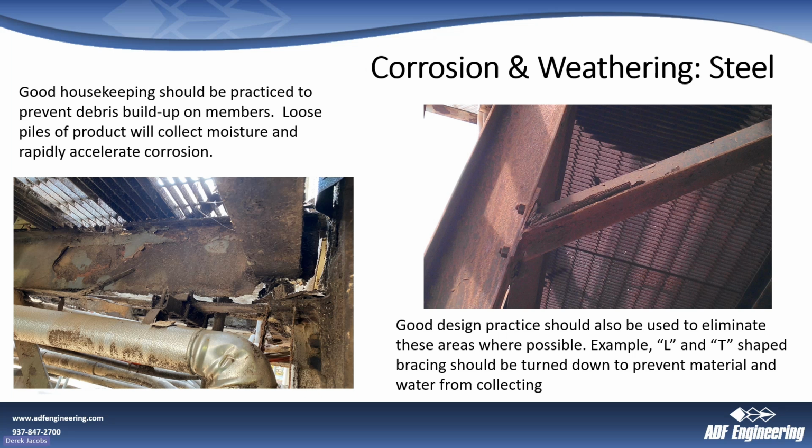So you can see in this situation here, there's a nice little pocket here for material to build up on, and that'll increase that corrosion. And as you can see here, we've had some delamination, some spalling of the steel because of that.